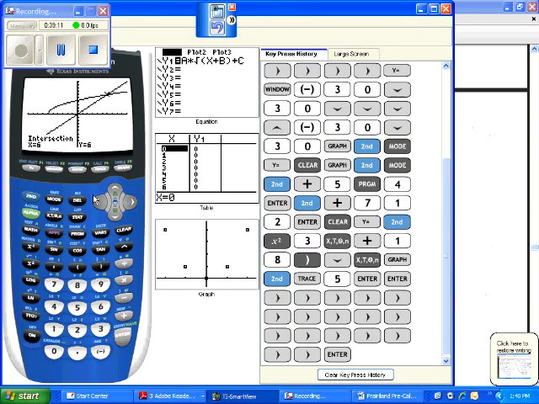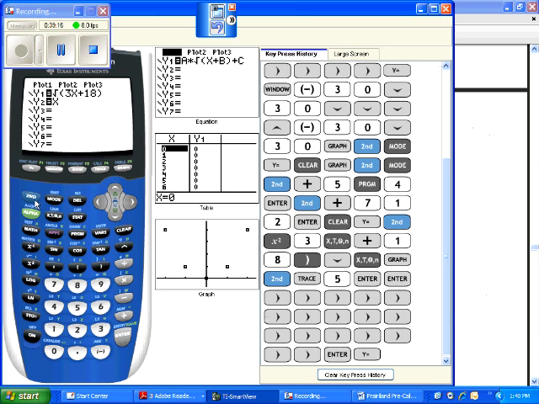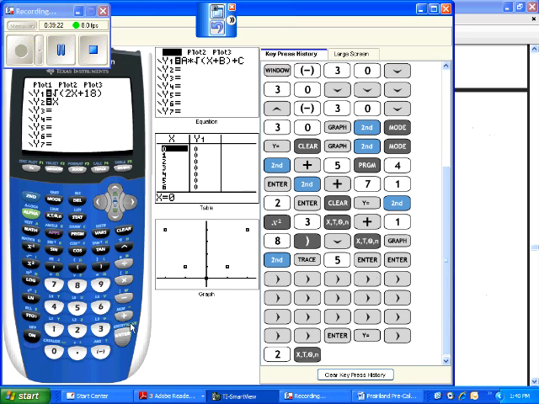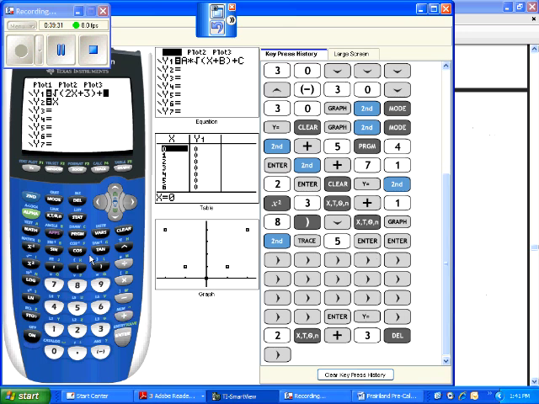If we went to the graphing calculator and we went to y equal and we put in square root, what was the first one? 2x plus 3. And then plus, what was the second part? x minus 2.